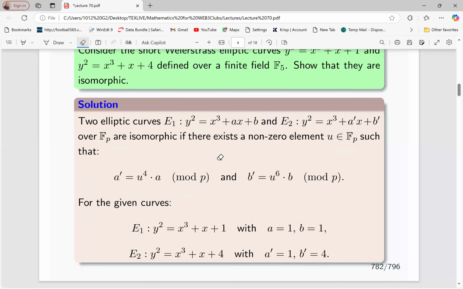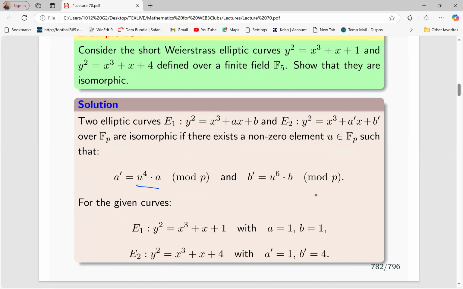Now, let's try and calculate to get our u. Using this formula, can you get u? So just write our a prime is 1, and then u raised to 4 multiplied by a. A in this case is 1.